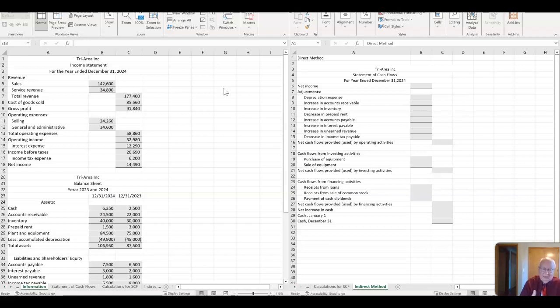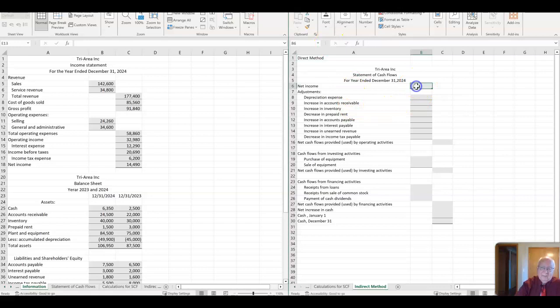Warranty expense, if you do the estimated warranty type liability, or a loss on sale of an asset, would also be added. Things that would be subtracted off would be like a gain on the sale of an asset, because that's not what you received the cash for, so that would be subtracted off. So anything that does not pertain to the operating activities should be added or subtracted off, or does not require cash. But with the indirect method, we start with net income.